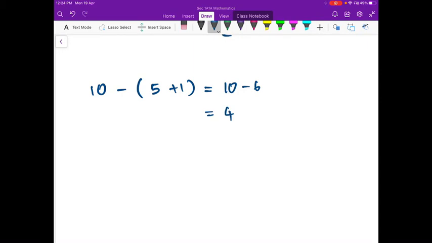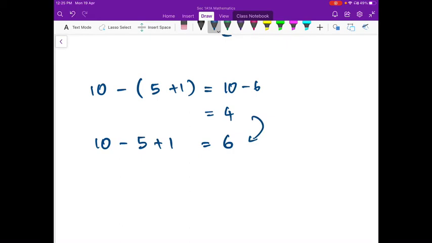Okay, let's check. What about 10 minus 5 plus 1? What is the answer over here? Same. No. Okay, so here we see that 10 minus 5 is 5, plus 1 is 6.